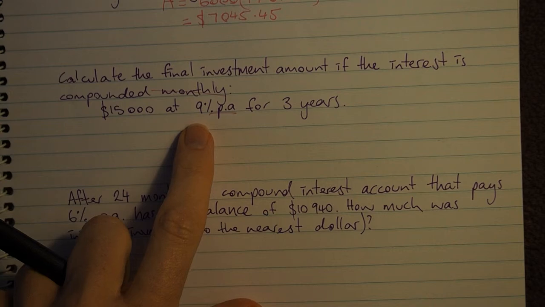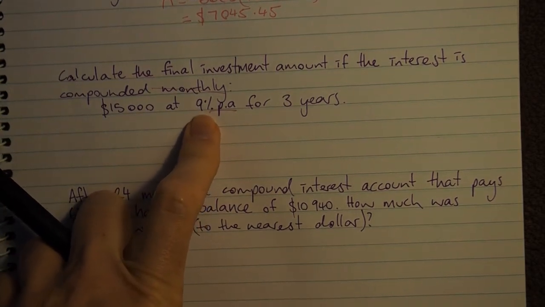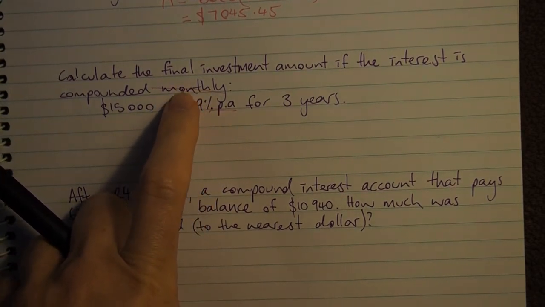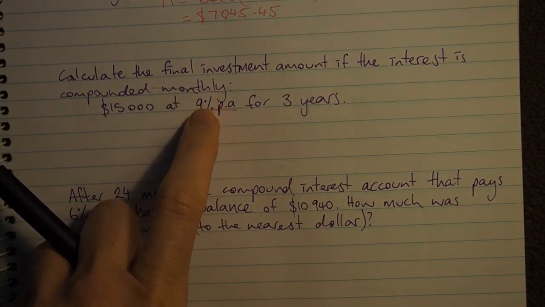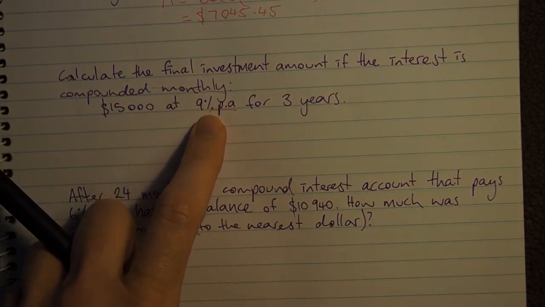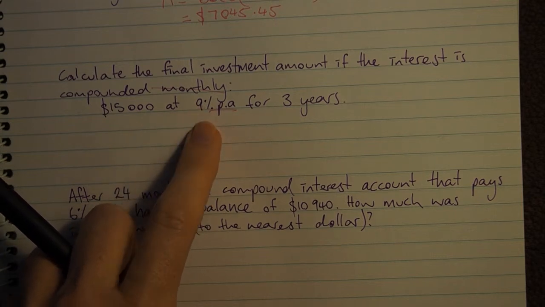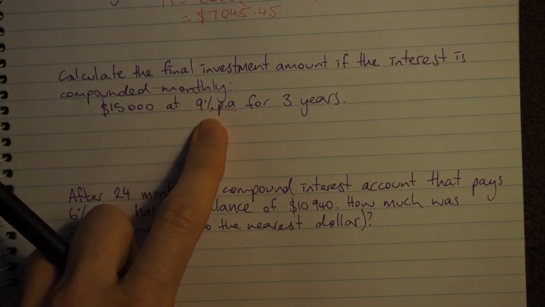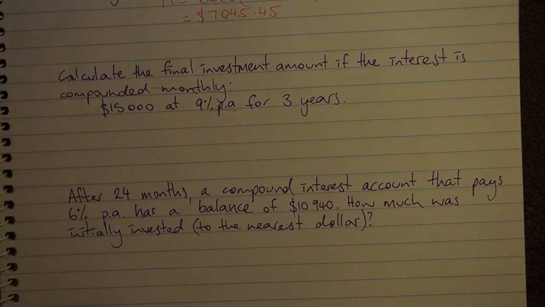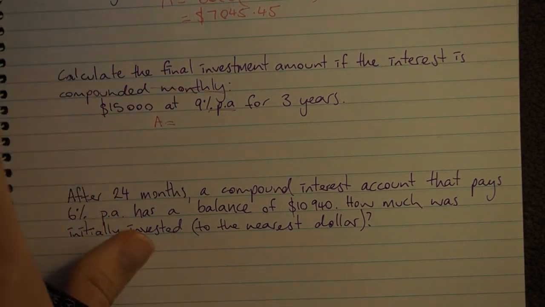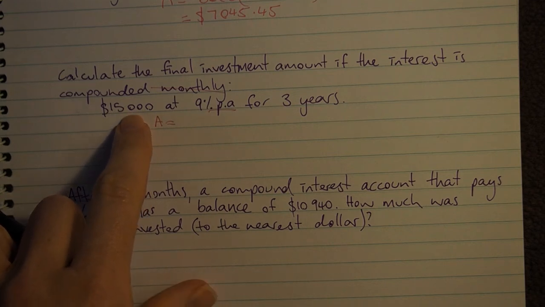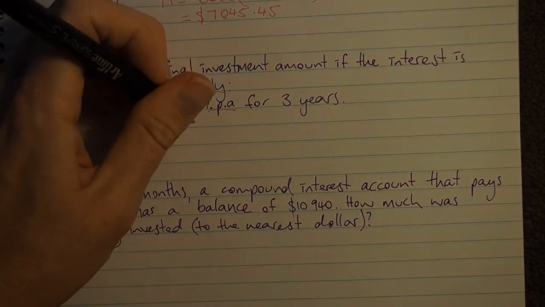We can't use that 9% in our formula because the interest is being compounded monthly. The interest is 9% for each year. So you're not actually getting 9% every single month. You're getting 1/12 of 9%. So we plug that into our formula. Our amount will be equal to, so our P is the amount we start with, which is 15,000.